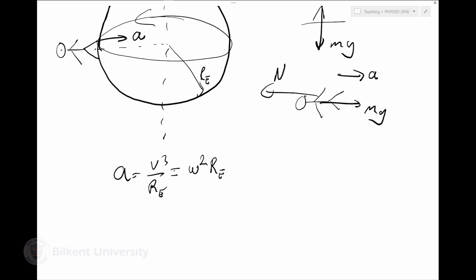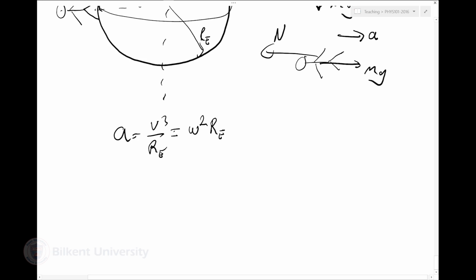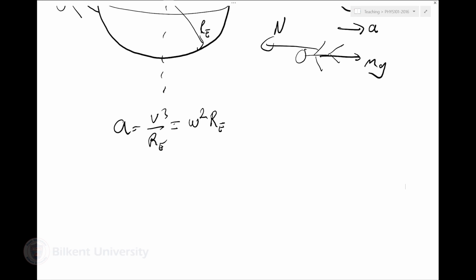Why? Because the Earth is rotating. So let's find out what feeling weightless means. It means if I step on a balance, it will show 0, right? So there is no normal force. Question? Comment?